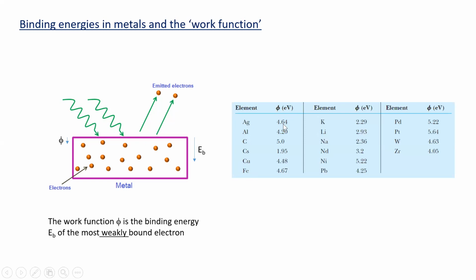We have small energies. You can see they range for different metals: silver, aluminum, carbon, cesium, copper, anywhere from just under 2 to just over 5 electron volts. So a range of maybe 3 electron volts for the work function.